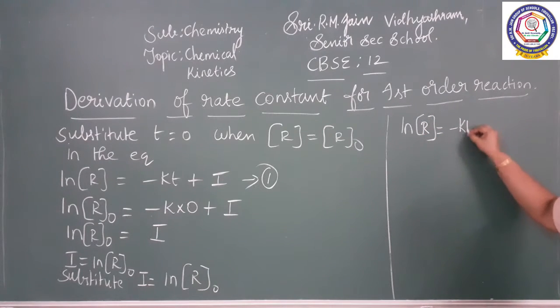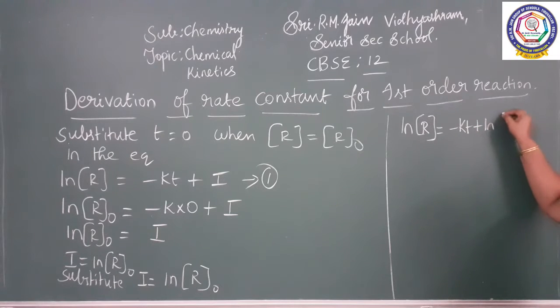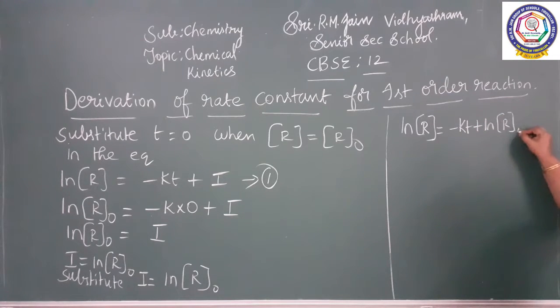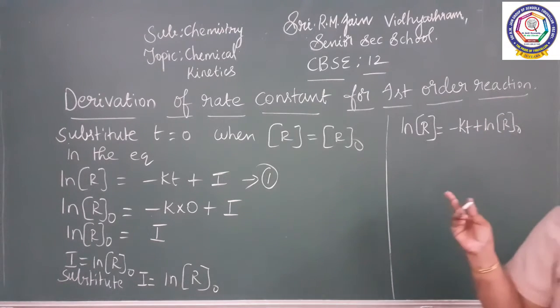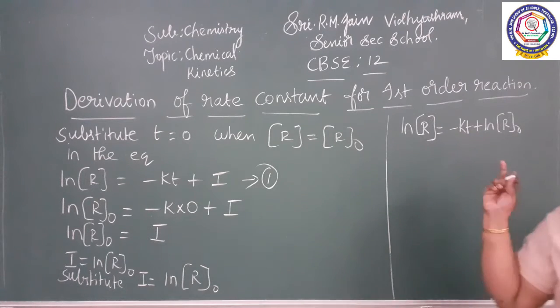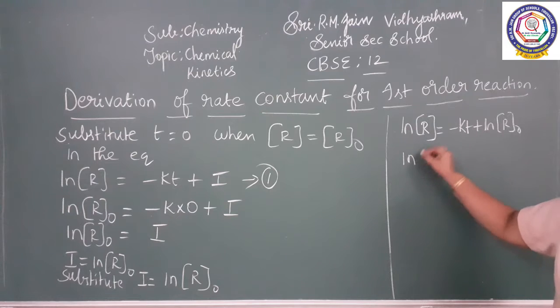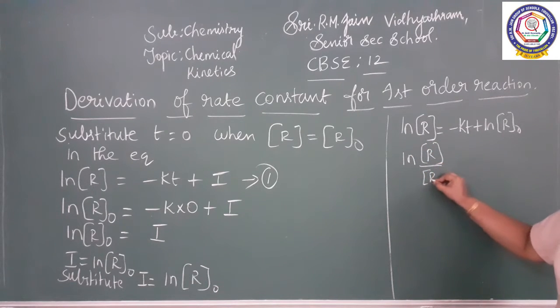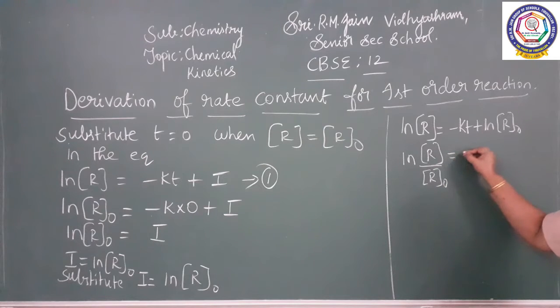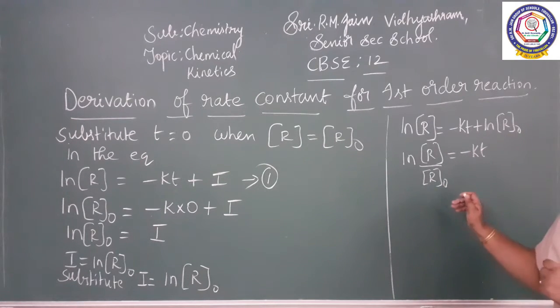minus Kt plus ln R naught. From here, ln R by R naught is equal to minus Kt.